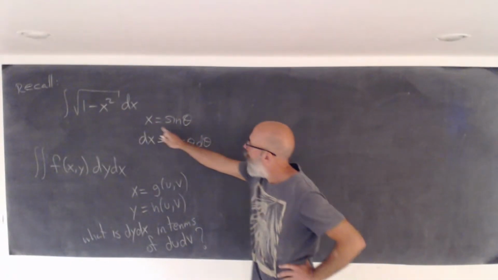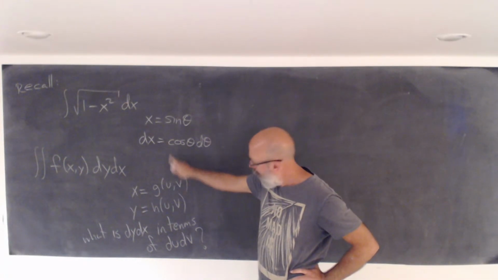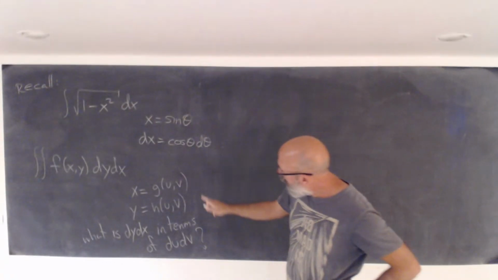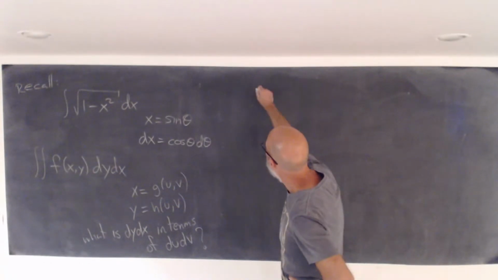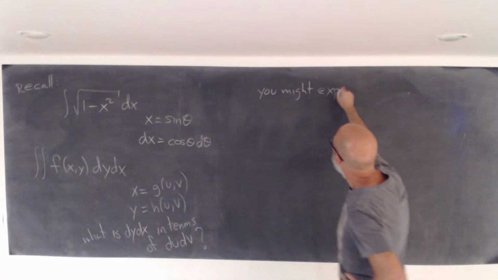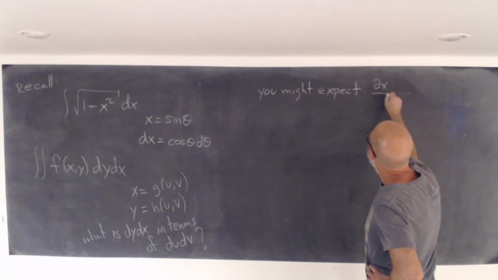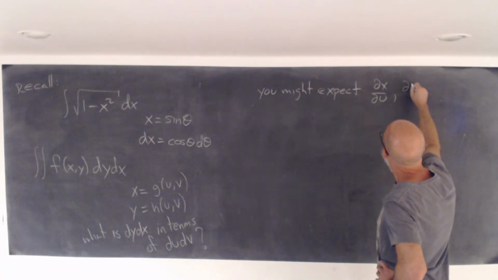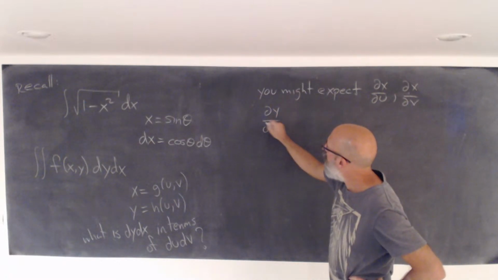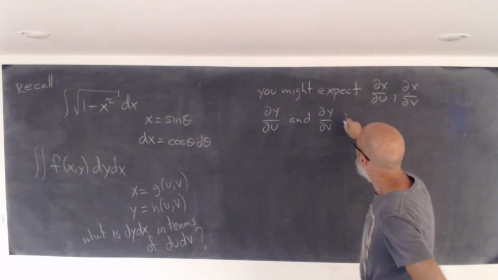Right here, you just took the derivative and you were good to go. Here, what could you expect? You might expect dx du, dx dv, dy du, and dy dv to play a role.